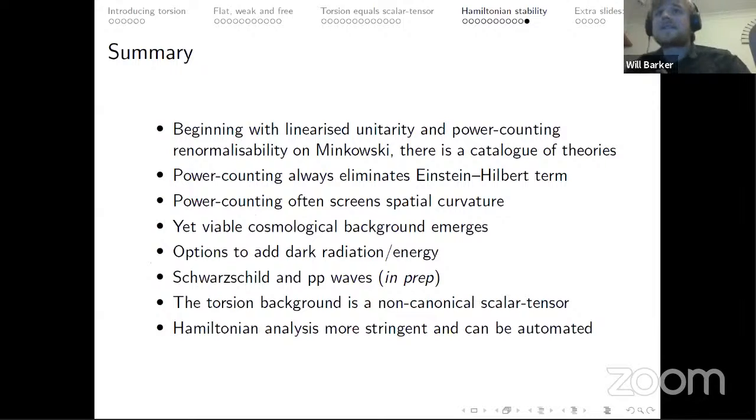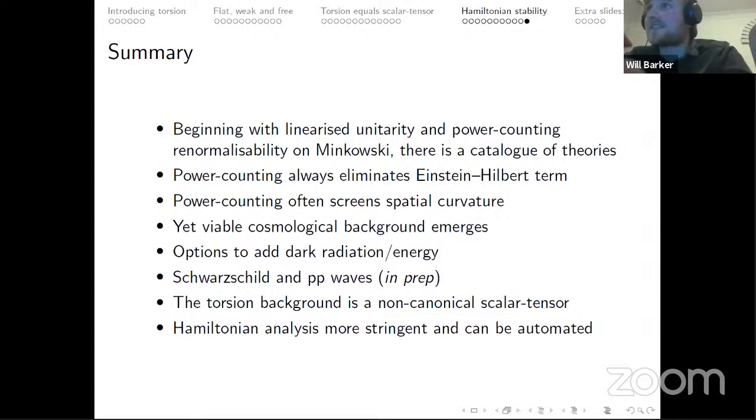So to quickly summarize what we've done, we had this 10 parameter quadratic torsion theory, which is supposedly one of the more general theories that you could build, which has torsion in it. If you just look at the linearized theories on a Minkowski background, well, there's this big long list of theories which appear unitary and power counting renormalizable, which is very nice. And so we say, okay, do these actually have viable cosmologies?